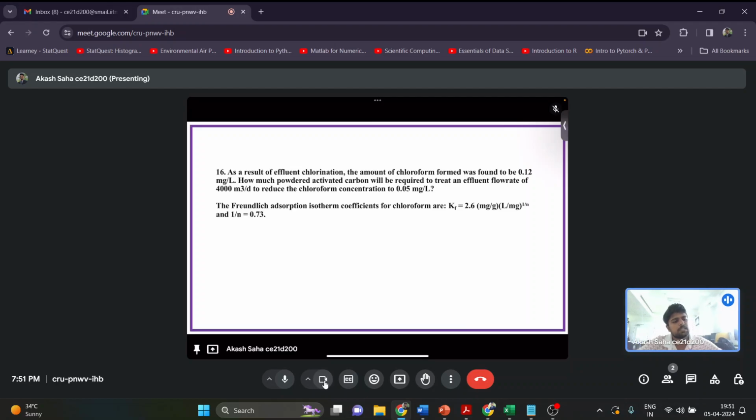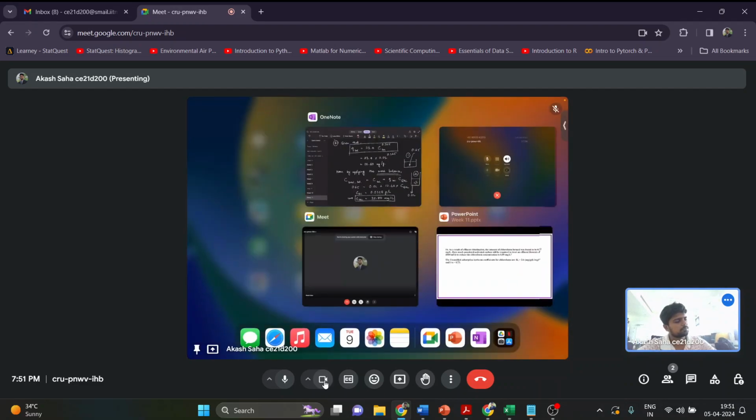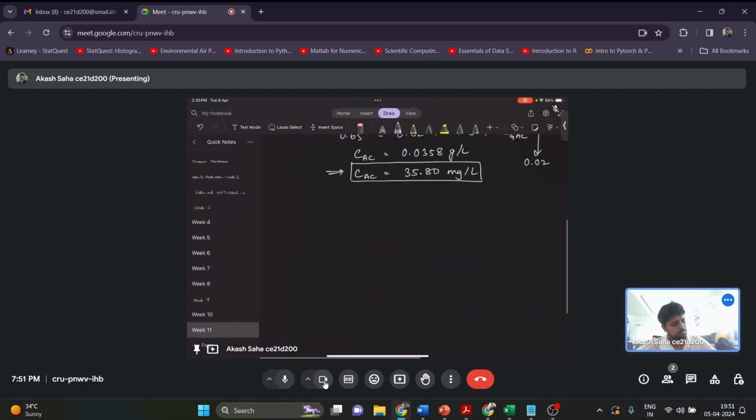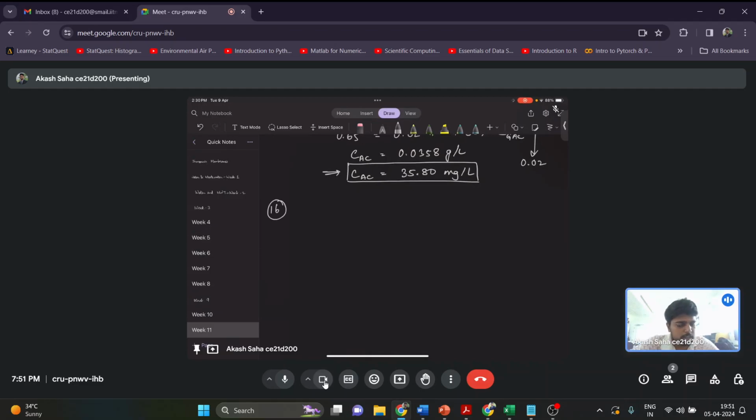Okay, so we'll see how to solve this problem. So this is question number 16. So we'll use some equations related to adsorption.